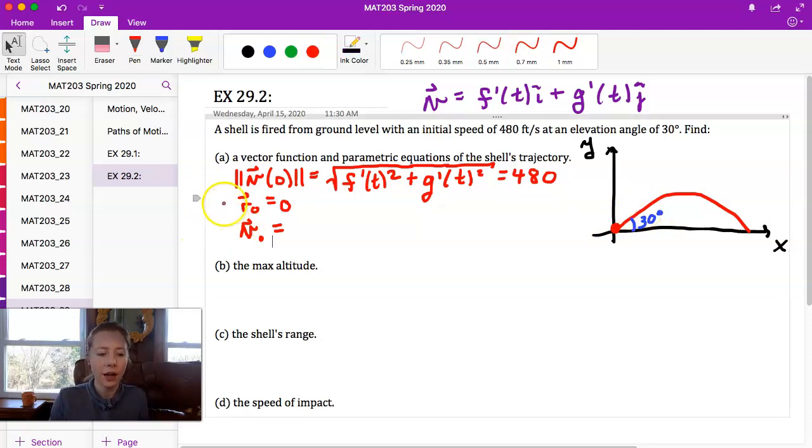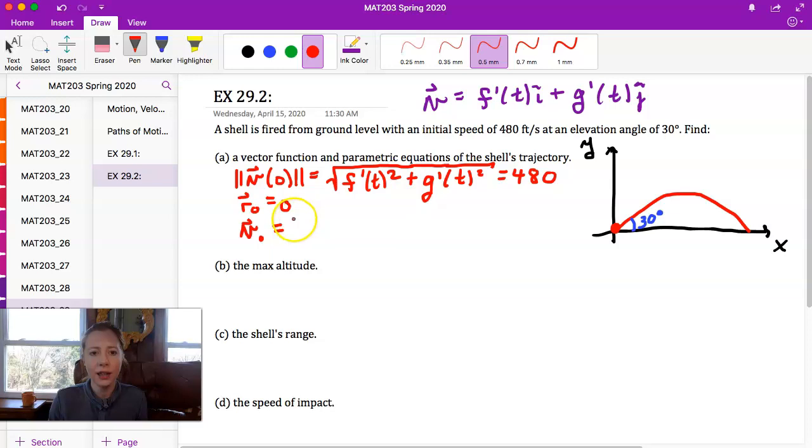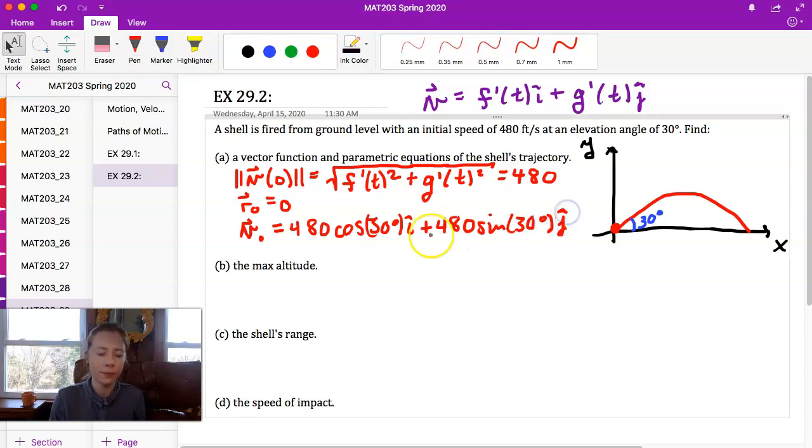So to get the initial velocity, we're going to take the magnitude, or the speed, 480, and to get the x component with the 30 degrees taken relative to the x, we're going to have cosine 30 degrees i hat, so that's our x component, plus 480 sine 30 degrees j hat. So there's our y component.